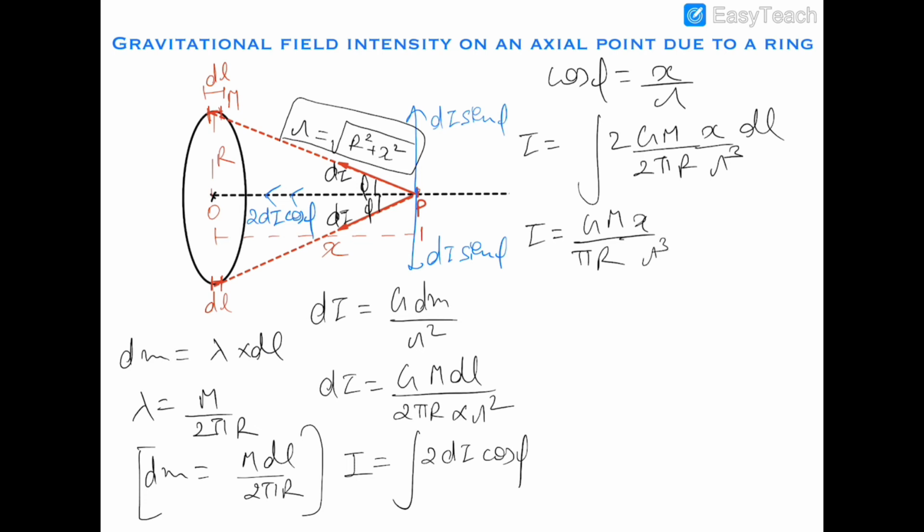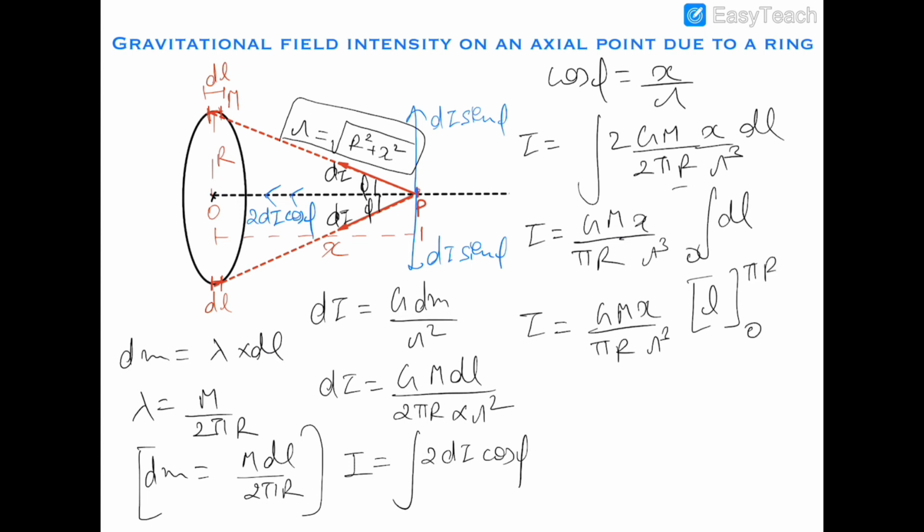So if we take out G m by pi r common by cancelling 2 with 2, and x by r cube common, then the integration of dl will be equal to L, where dl is small elemental length on the ring. So this is G m x by pi r, and this is r cube, and its integration would be L, and the limit of L would be 0 to pi r.